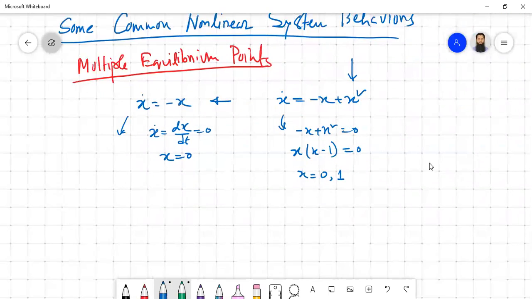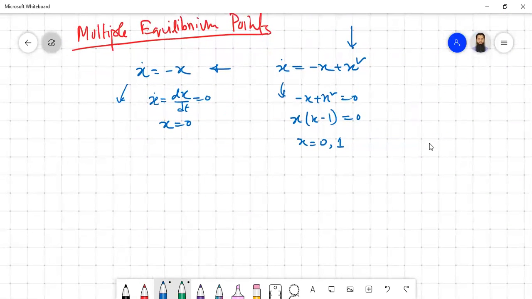Now, if you're trying to figure out the solution, it is very easy for a linear system, because you can apply the Laplace transformation formula. If you take the Laplace transformation of this equation, what we get is s X(s) minus x0 equal to minus X(s).